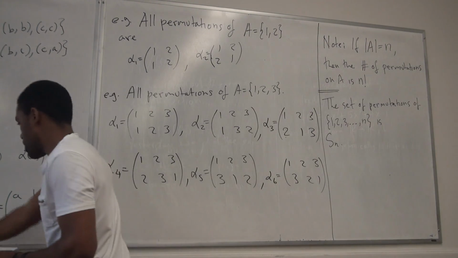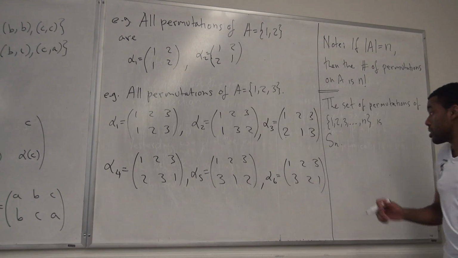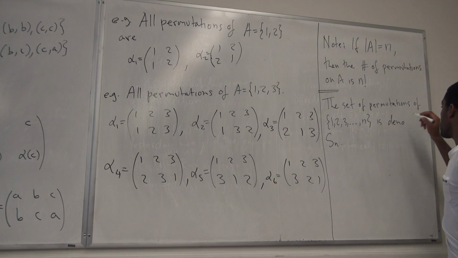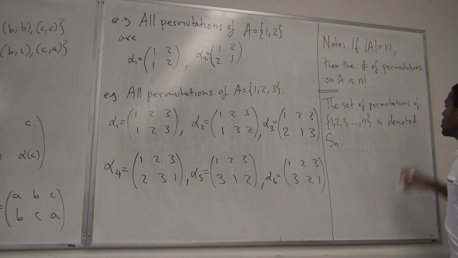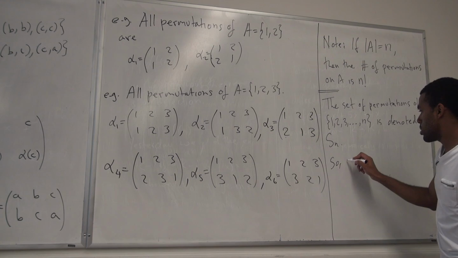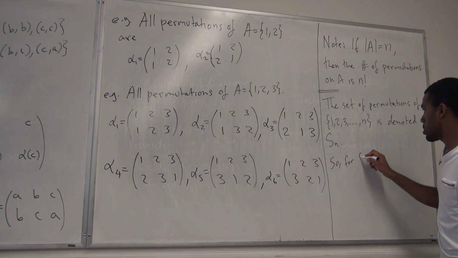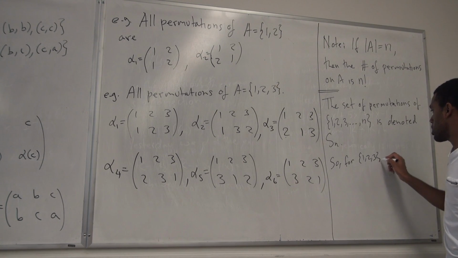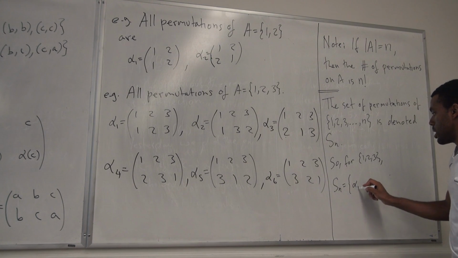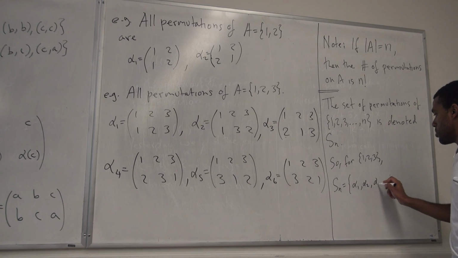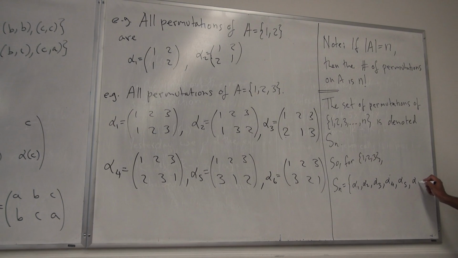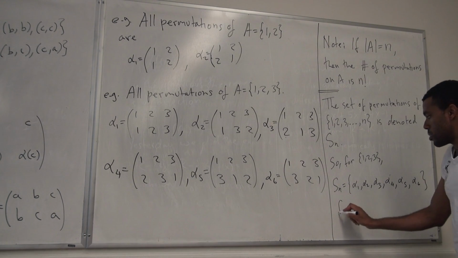It's actually called a permutation group, and again, if you do abstract algebra, you'll hear about this. Or the symmetric group, denoted Sn. So for 1, 2, 3, Sn is literally just the set of alpha 1, alpha 2, alpha 3, alpha 4, alpha 5, alpha 6, the last example.